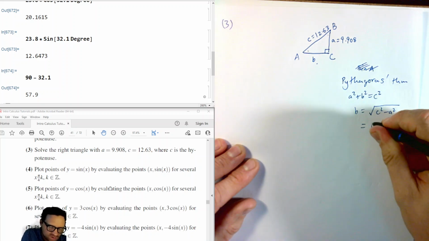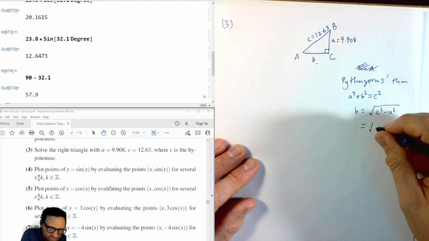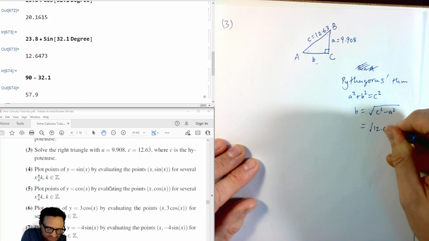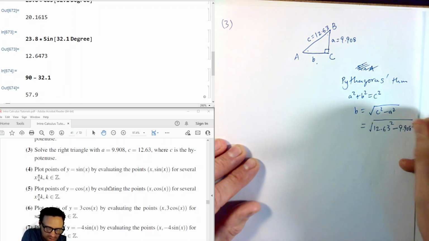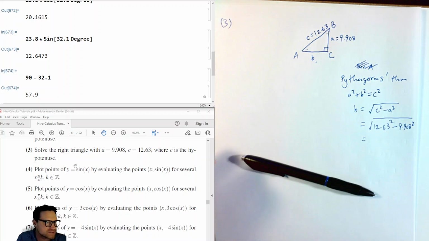And so that is the square root of 12.63 squared minus 9.908 squared. Let's simplify this.